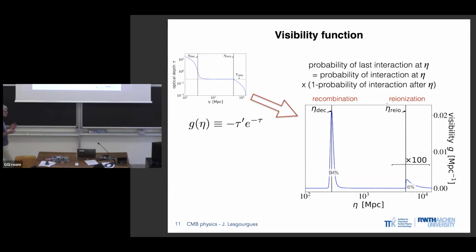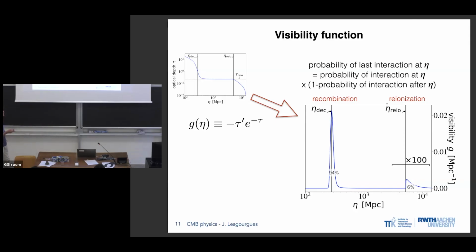So gamma just gives you the probability of interaction of photons at a given eta, but gamma is not the probability that a photon had its last interaction at eta, because the photon could interact at an early eta and re-interact later. And so you need to penalize gamma by a factor smaller than 1 if you want to obtain this visibility function.